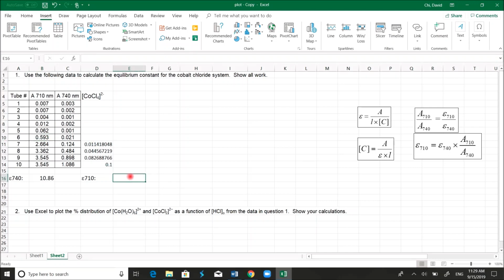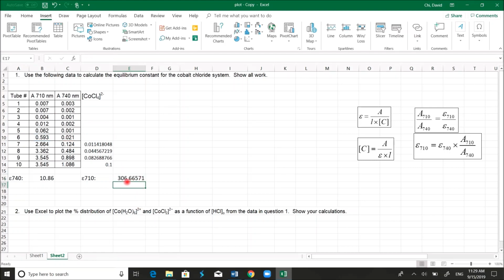Let's type equal, and using this equation, type epsilon 740, which is 10.86, multiply by absorption at 710. So 710 for tube 6 is 0.593 divided by absorbance at 740 for test tube 6, this value, enter.